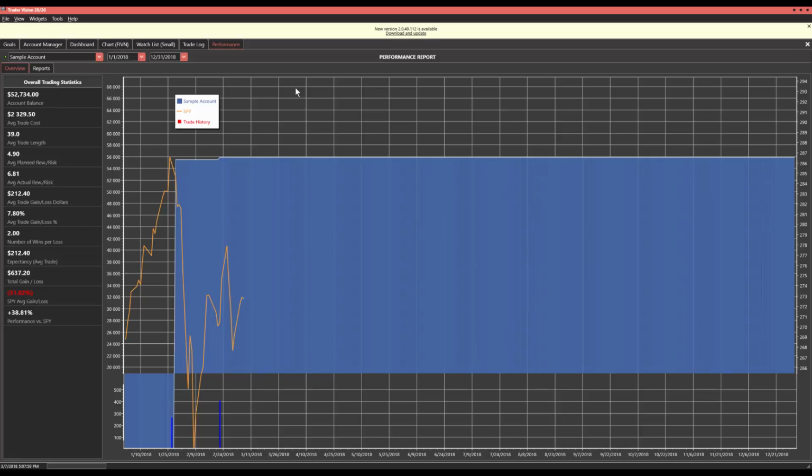So it impacts the overall account value, and it's reflected on the screen as a step function of the chart, but the average per trade, whether it's percentage or dollar, is not impacted because it's not shown as a trade. It's shown as a separate transaction. It's an account transaction, not a trade.